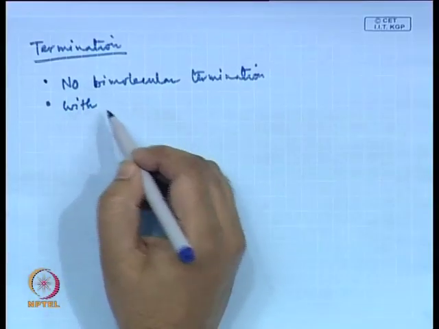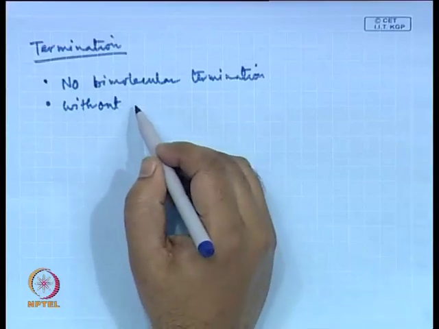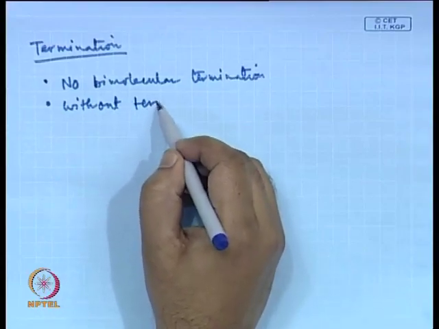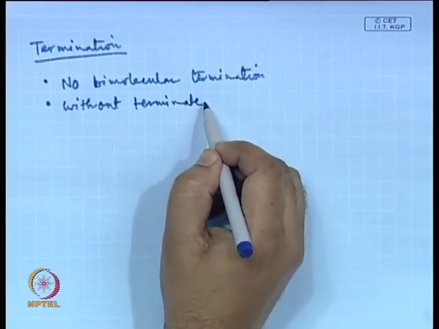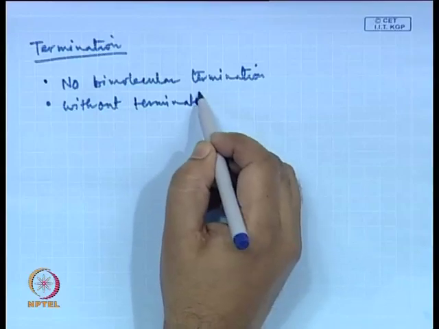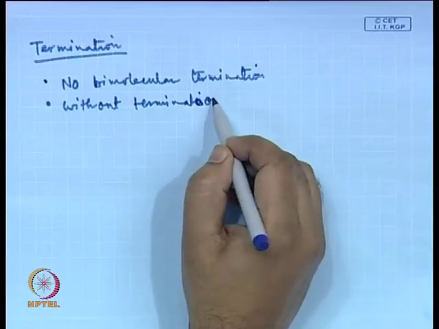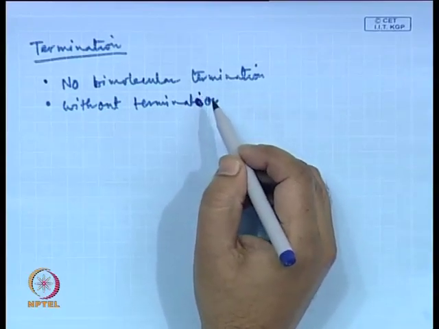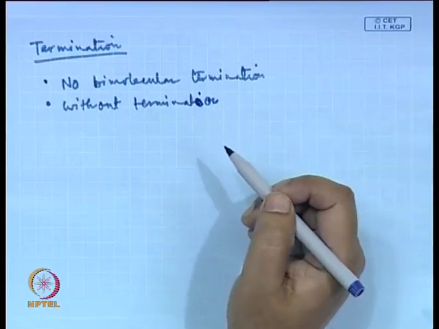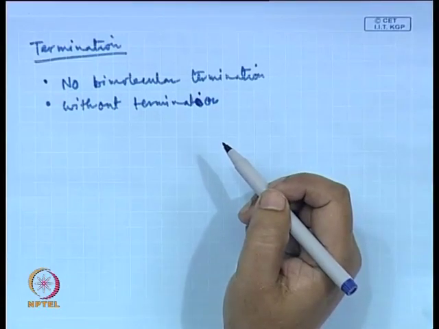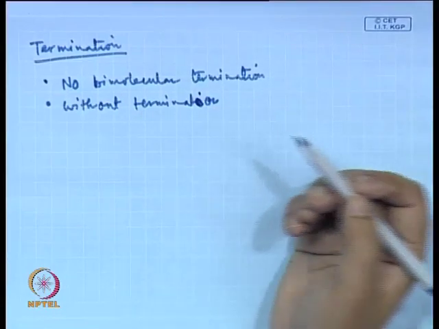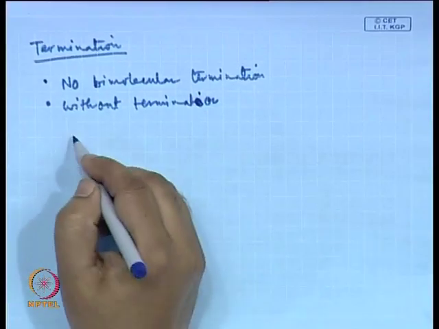So, this anionic polymerization mainly happens without termination as long as you have an inert atmosphere and extremely clean glassware and these things.